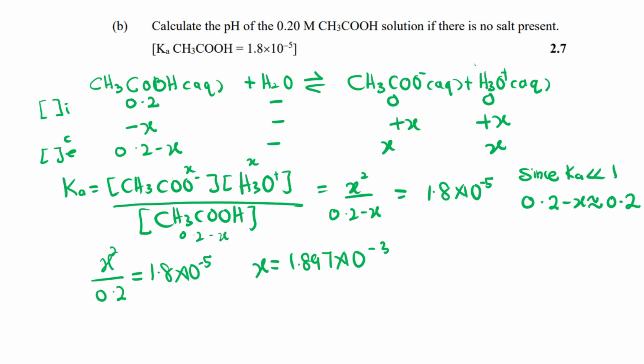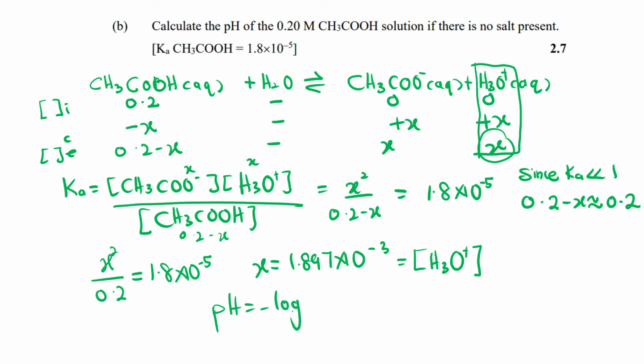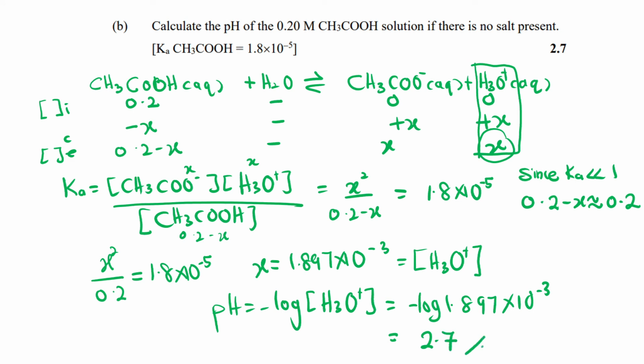Jadi kalau kita tengok dekat dalam ice table kita, x ini represent H3O+. So this is the concentration of H3O+. Consequently, we can calculate the pH, which is negative log concentration H3O+, equal to negative log 1.897 exponent negative 3 equal to 2.7.